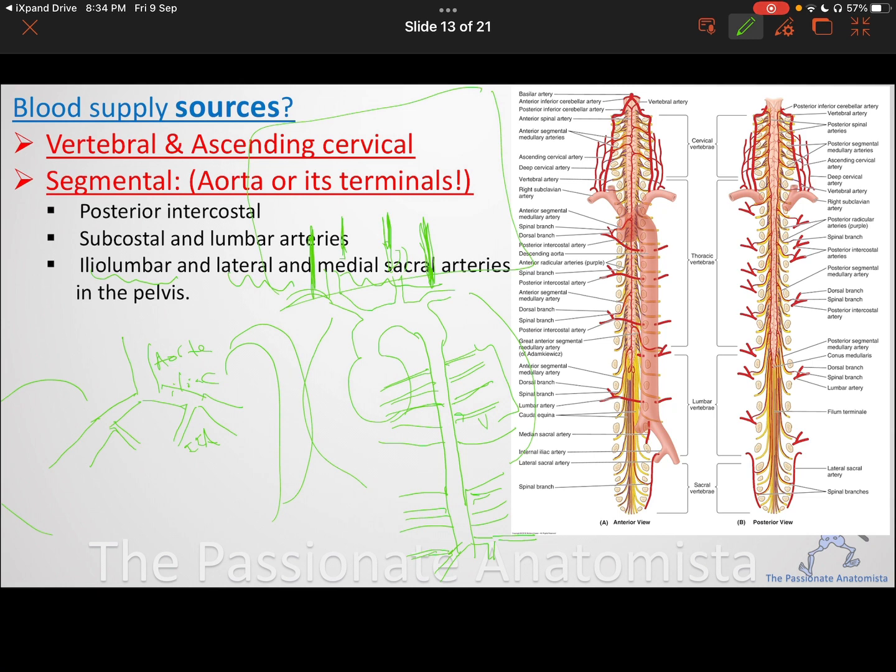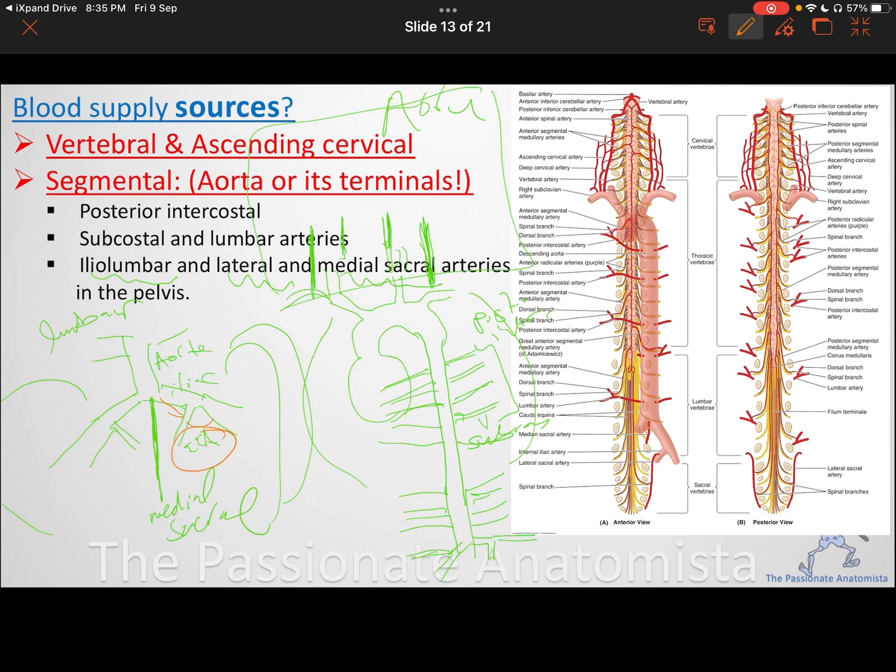The medial sacral is coming directly from the aorta, from here. This is the medial sacral. So the medial sacral, the lumbar branches, the posterior intercostal, the subcostal, they are coming from aorta. But the iliolumbar and lateral sacral are branches of internal iliac.